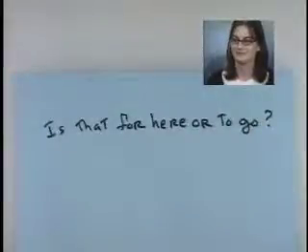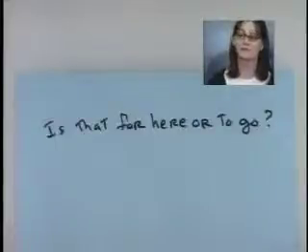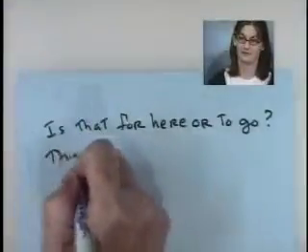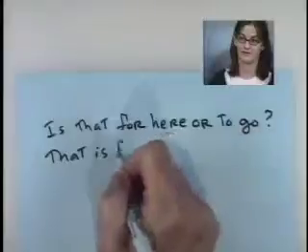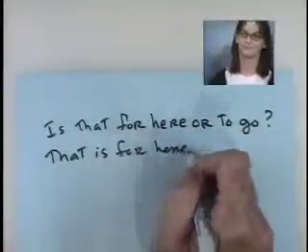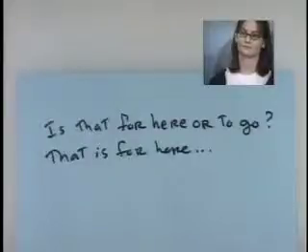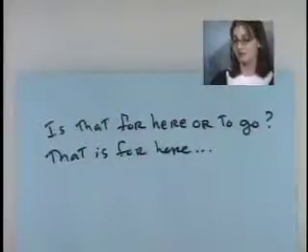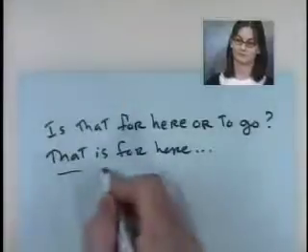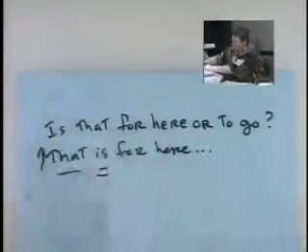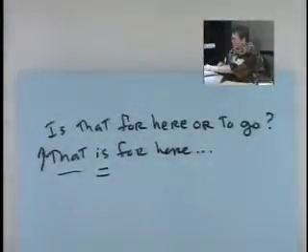Now, listen to what you have to do. You're going to turn it into a statement. That is for here or to go. In your rewrite, where's your subject? That. Where's your verb? Is. In your question, when we track it back, where's your subject?